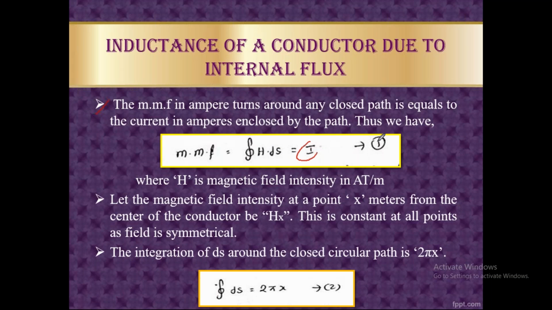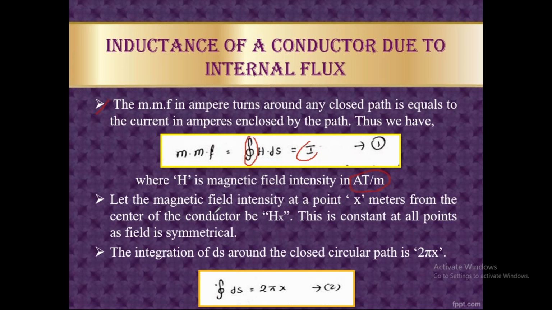So this equation represents Ampere's law. Here this symbol indicates that it is a closed loop. The closed integration of H ds equals I, and here H is the magnetic field intensity, and its unit is ampere per meter. So just remember all the units. I will ask units also in a slip test, right?